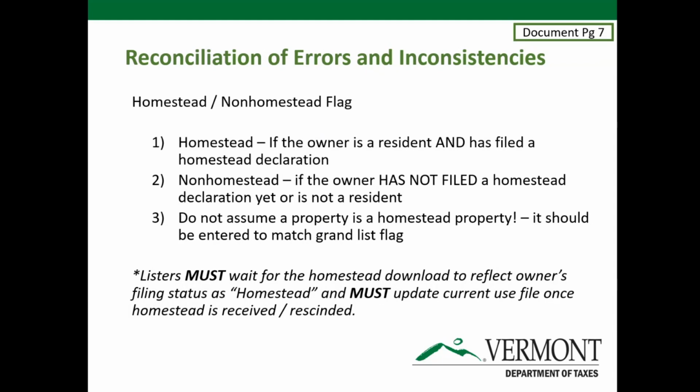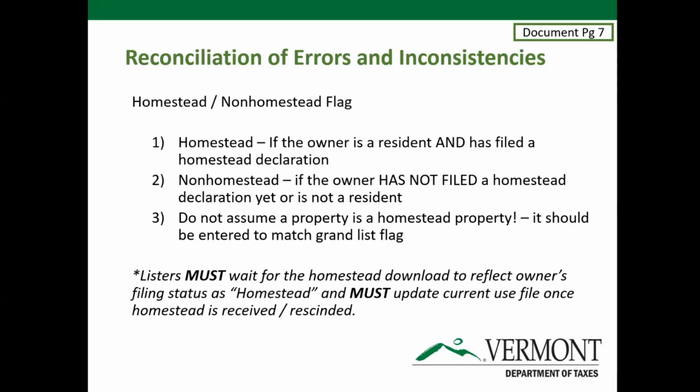The system is programmed in a way that unless there is a homestead file currently on the parcel, you cannot enter anything in the homestead file or homestead column. Conversely, if there is any non-homestead value at all on the parcel and they have filed a homestead, you can't put all of the value in the homestead column.